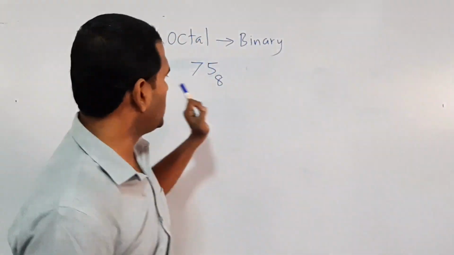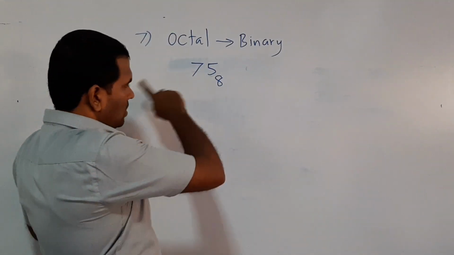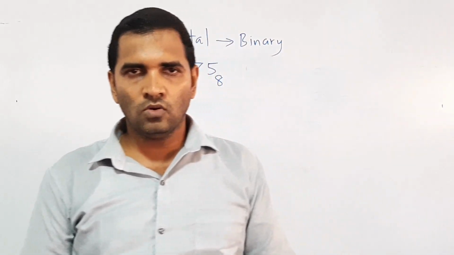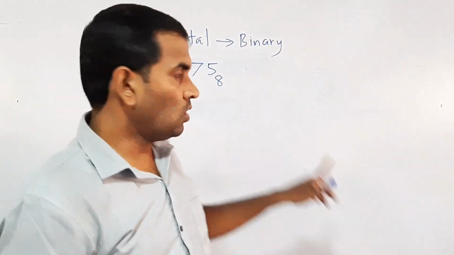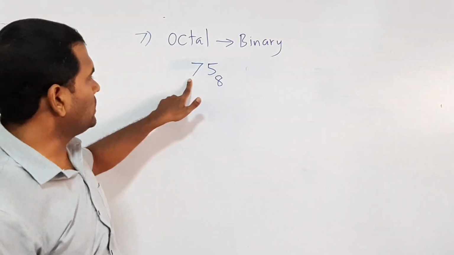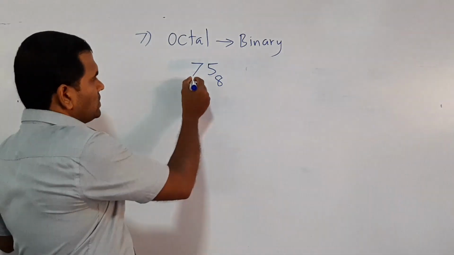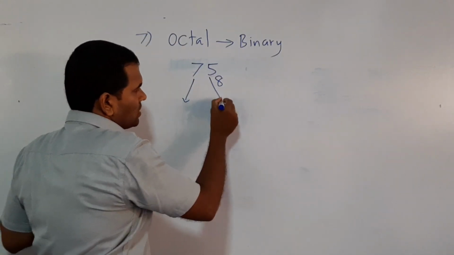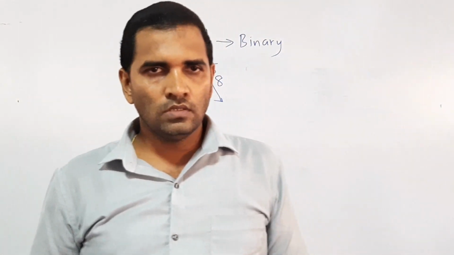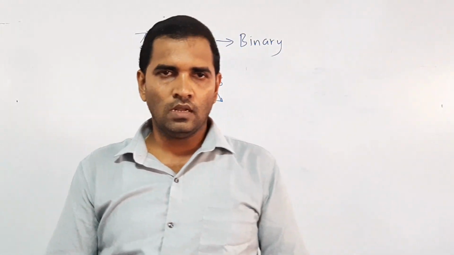So let's see how to convert this octal into binary. First of all, check the number of octal digits in this number. How many octal digits are here? 2, right? 7 is one octal digit, 5 is another octal digit. Even for this conversion, you have to remember that particular connection between binary and octal.